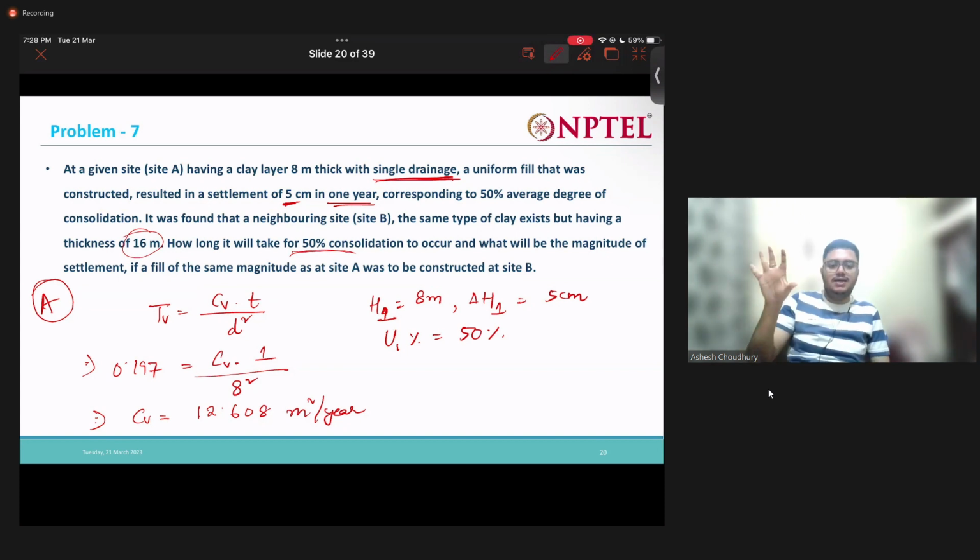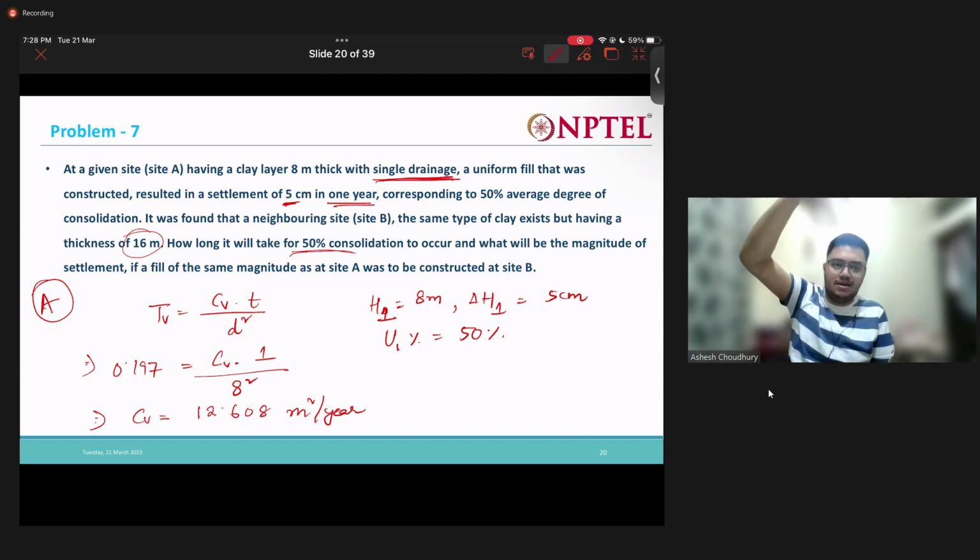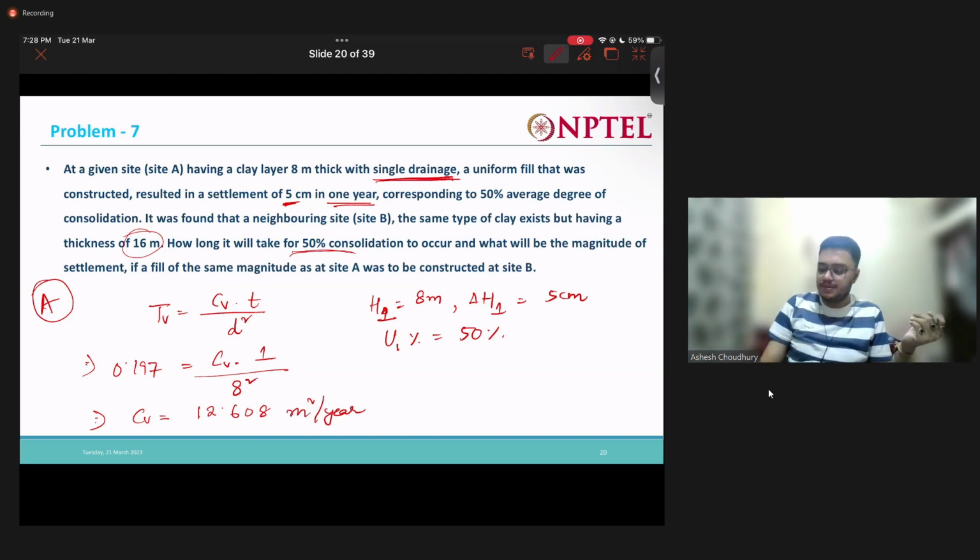The same soil is there, just the thickness of the original layer is double. The settlement will also get doubled, not halved, doubled.